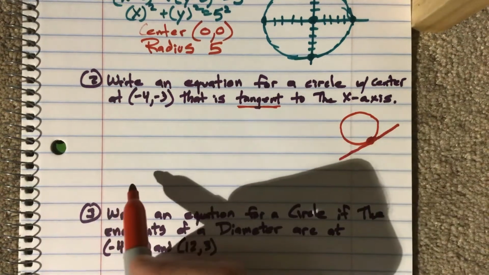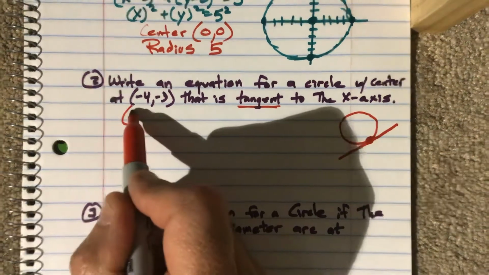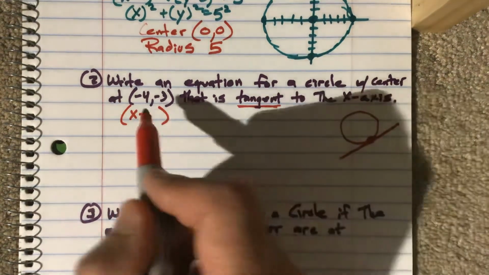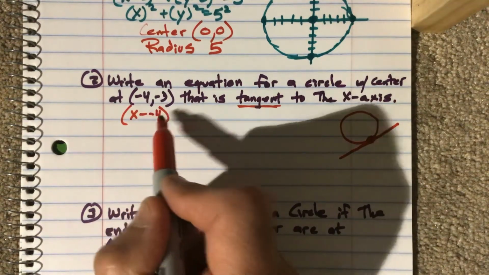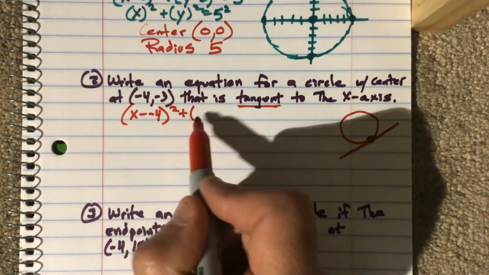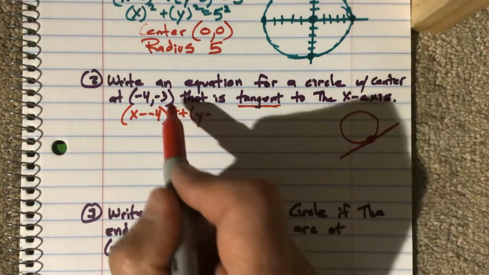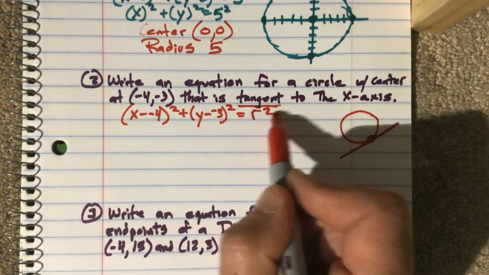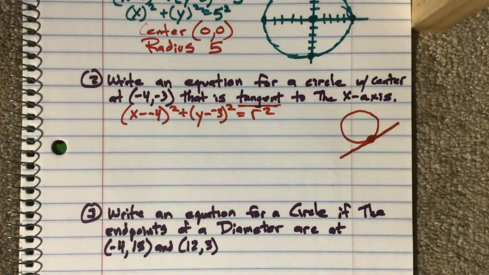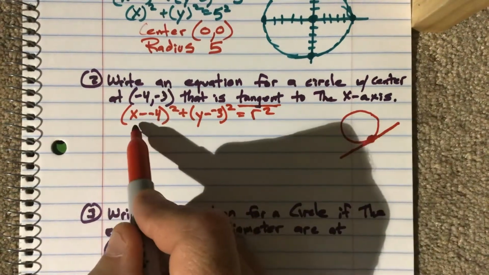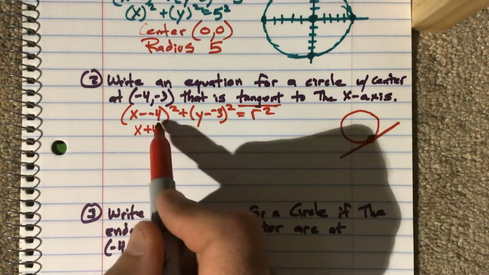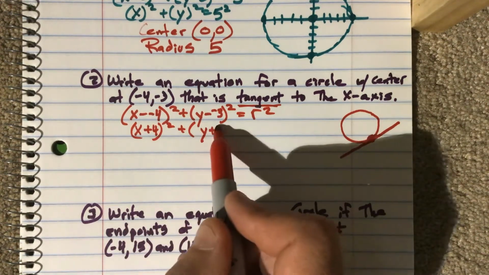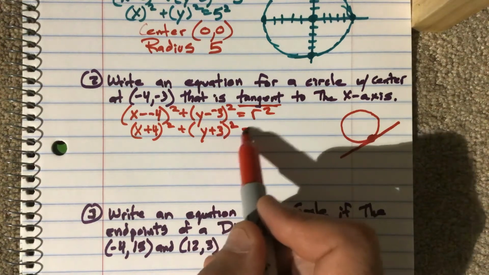Okay, so we want to write the equation for a circle with center (-4, -3). That's easy. We know the equation is (x minus h) squared, and this is the center, so h is -4, plus (y minus k) squared, in this case k is -3, equals r squared. We just have to figure out what that radius is. Of course, these two together could be called (x plus 4) squared plus (y plus 3) squared equals r squared.